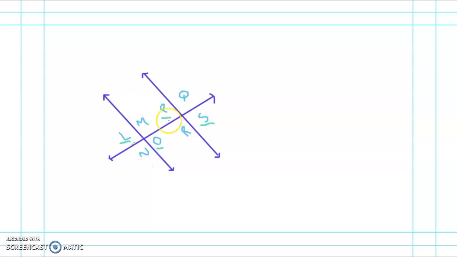An example of vertical angles would be angle M and angle N because they are located vertically from each other. A corresponding angle example can be angle L and angle P because they are matching on the plane.